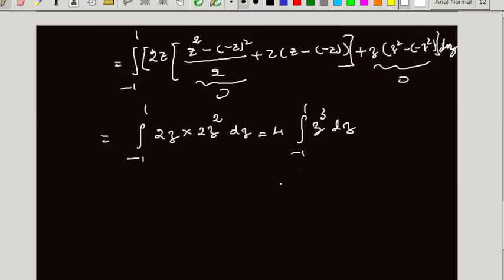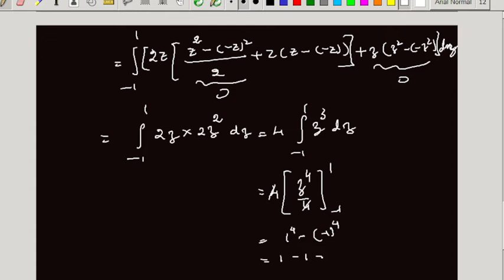So if we integrate this one, we get 4 times z power 4 dividing by 4. The limit is minus 1 to 1. So here 4 gets cancelled. If you apply the upper limit, 1 power 4 minus minus 1 power 4. So 1 power 4 is 1, minus 1 power 4 is plus 1. 1 minus 1, we get the answer 0.